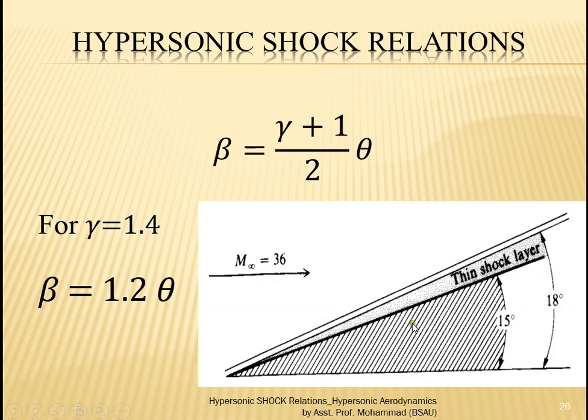This confirms that beta is just 20% more than theta, and it means that even Mach number 36 is large enough to be treated as infinity, and the relation that beta is 1.2 times theta is applicable here also. 15 increased by 20% becomes 18.